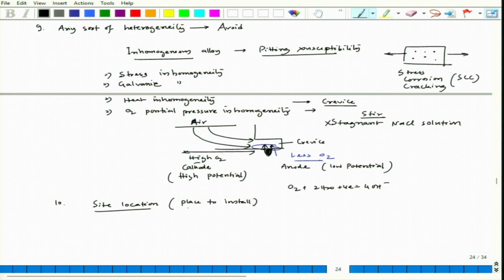Whether it is a plant or a warehouse or a design of equipment, we should take care that if there is air flow, whenever air flow happens, there could be a possibility of particulate matter also coming along with the air.